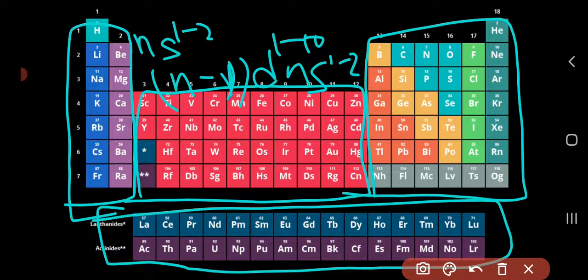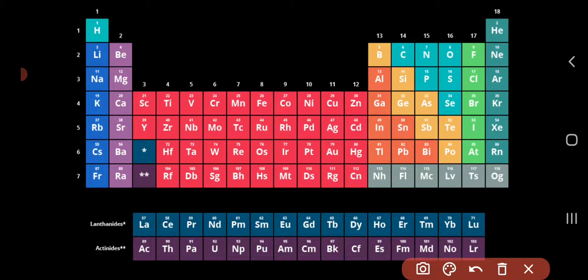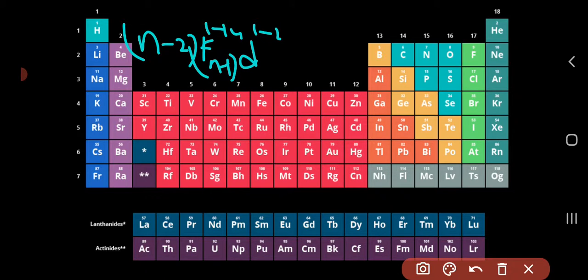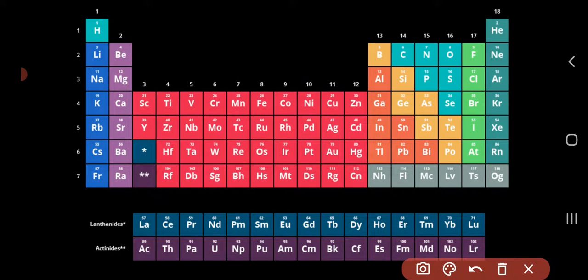For the F block, the last electron enters the f subshell, so the general configuration is (n-2)f1 to 14, (n-1)d, ns1 to 2. For the P block, ns2, np1 to 6. For the noble gases, the general configuration is ns2 np6.